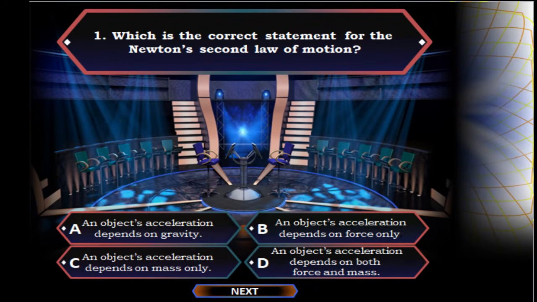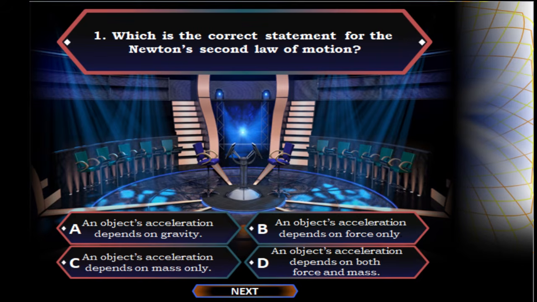Question number 1. Which is the correct statement for the Newton's second law of motion? A. An object's acceleration depends on gravity. B. An object's acceleration depends on force only. C. An object's acceleration depends on mass only.